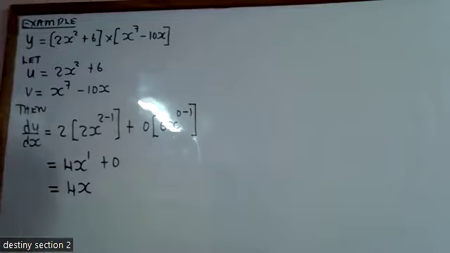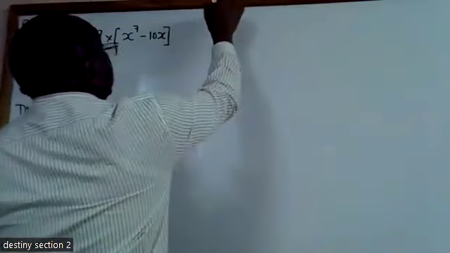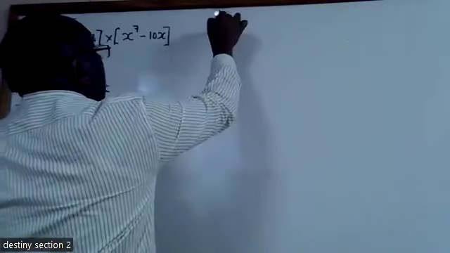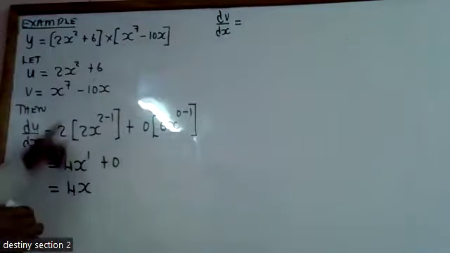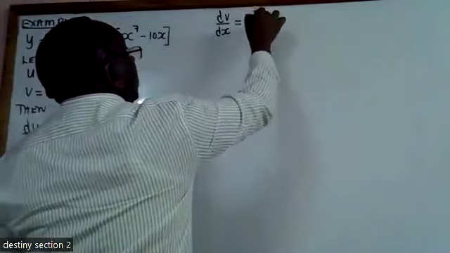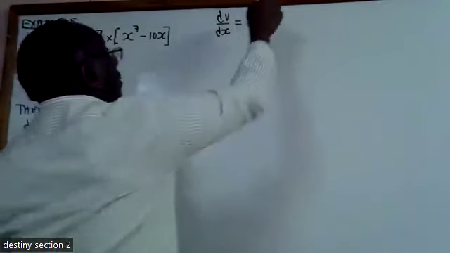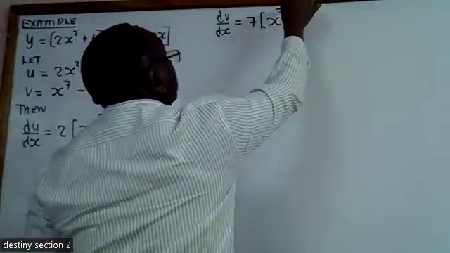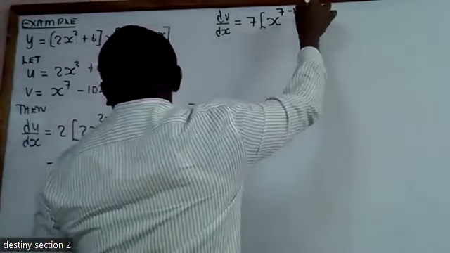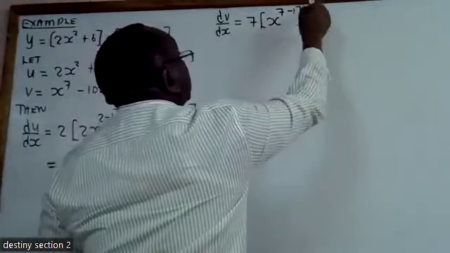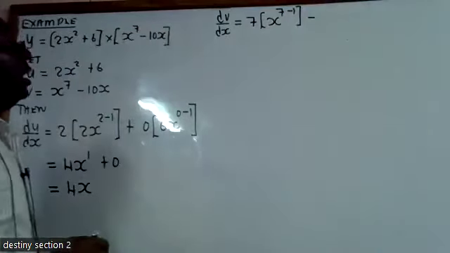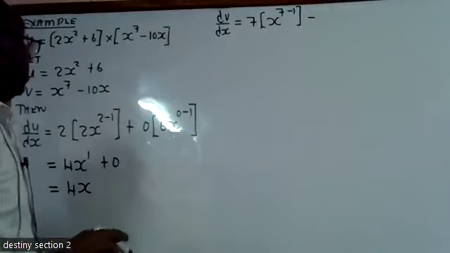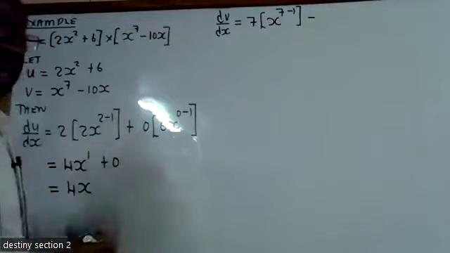Aya, let us come now to dv/dx. If you are differentiating this one with respect to x, you take the 7, then you have x raised to power 7, you subtract 1, minus 10.